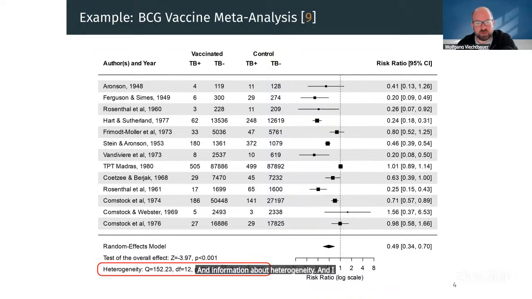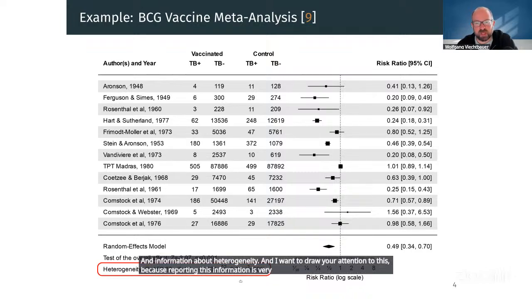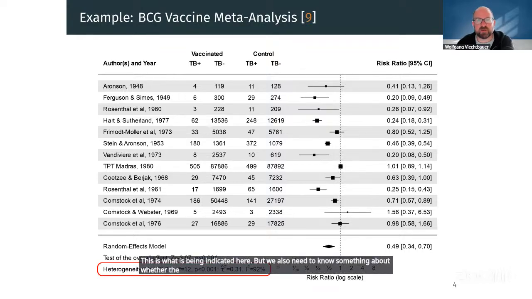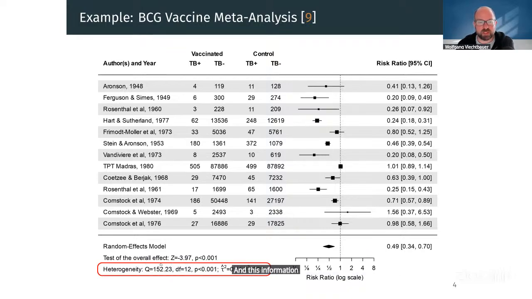And I want to draw your attention to this because reporting this information is very important. Not only do we need to know whether a particular treatment is effective on average, this is what is being indicated here, but we also need to know something about whether the effectiveness of this treatment or this vaccine might vary across studies. And this information here gives us a clue as to whether this is the case.